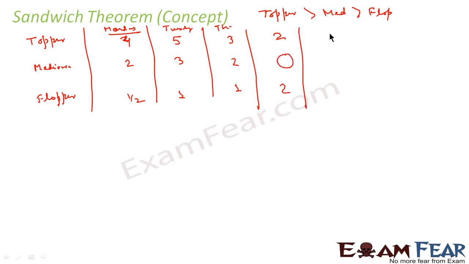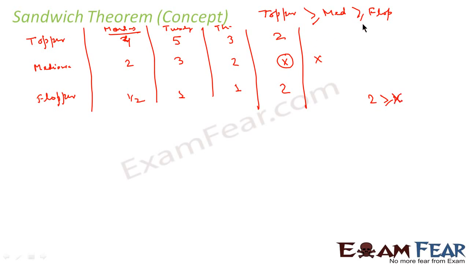Can we find it? Yes, because we have the assumption that the topper always watches greater than or equal to the mediocre, and the mediocre always watches greater than or equal to the flopper. Since the topper watched more videos, if we suppose the mediocre's value is x, then 2 is always greater than or equal to x, because the topper is always greater than the mediocre.